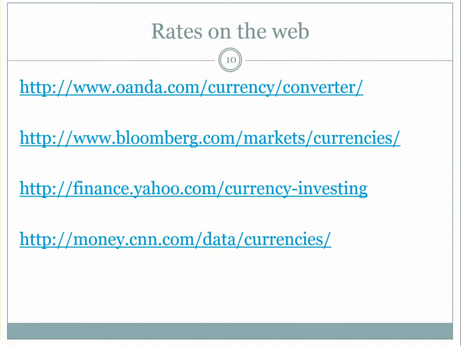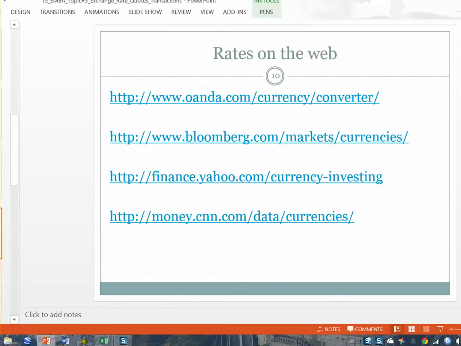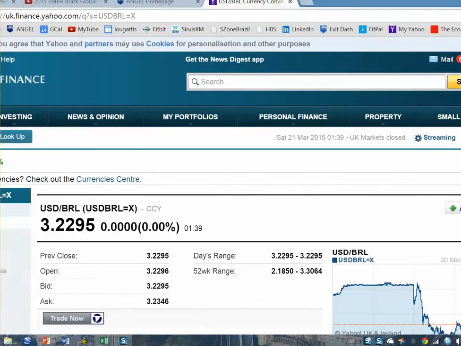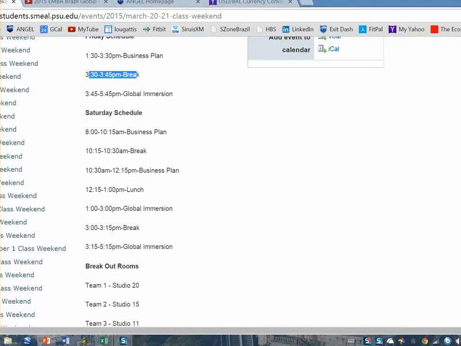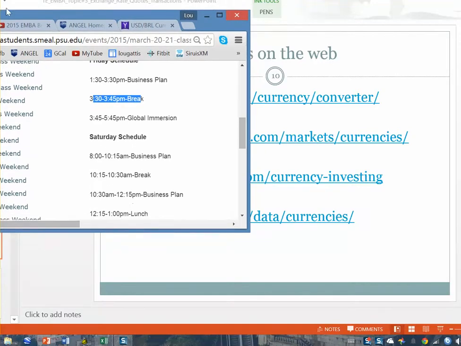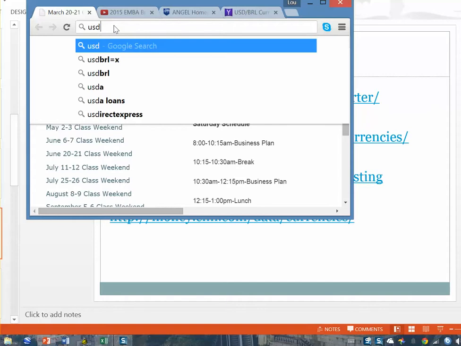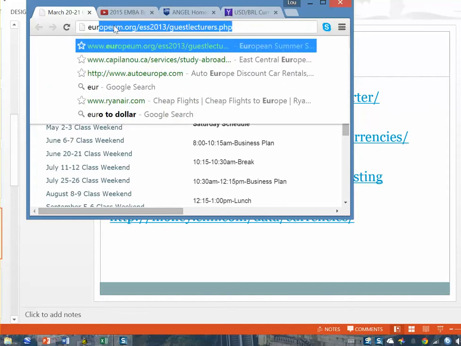Here are some websites to go to if you're looking for some quotes. Or what I like to do is, if you memorize the codes or just seem to remember them, you could always just go to a website and just type in, say, EUR USD.